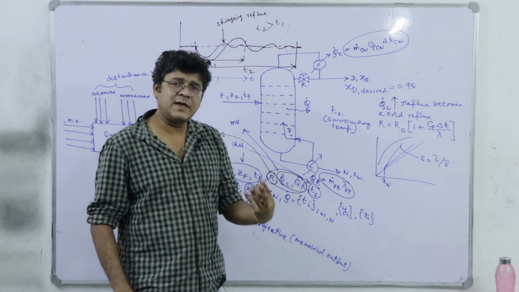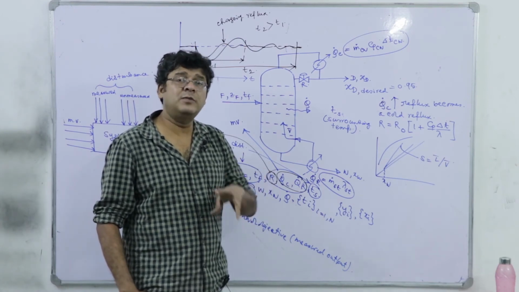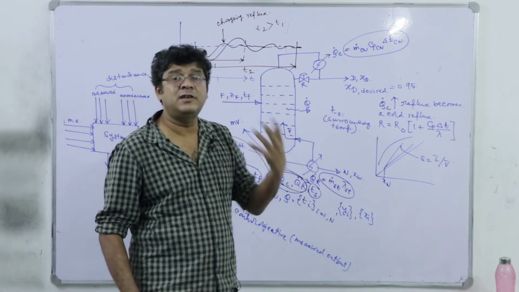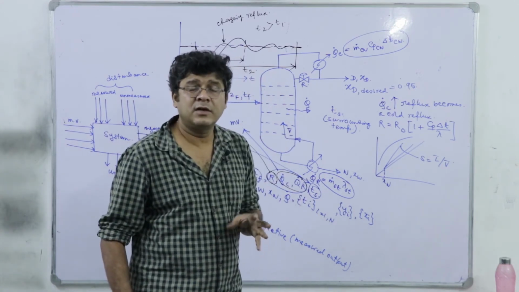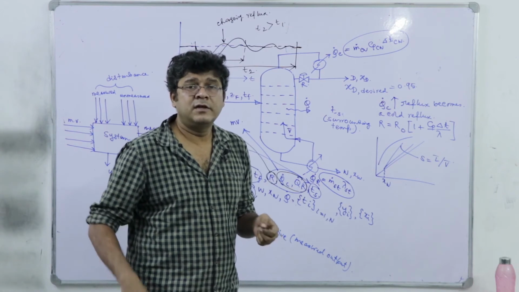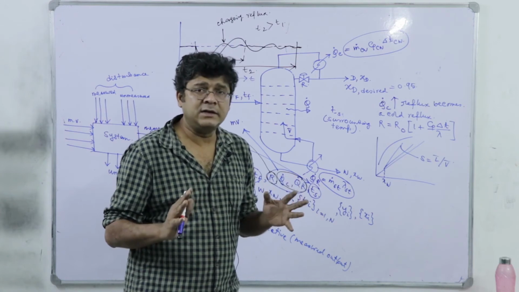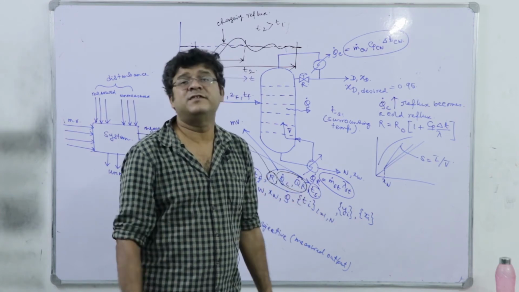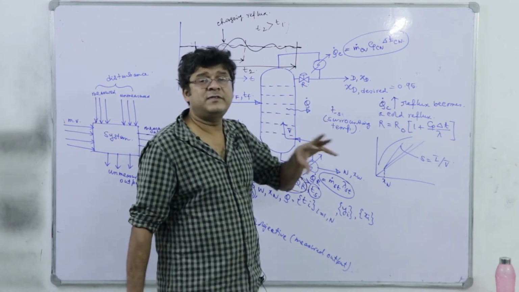So, once we have calculated the error, based on that error, and considering a theory, what is the theory? How the distillation column is going to perform, right. So, based on the theory which I have in my mind, I will propose some change in R.